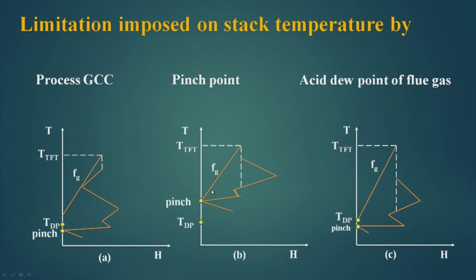Here we saw that the pinch is controlling the stack temperature, and here we saw that the acid dew point of the flue gas is controlling the stack temperature. So, these three situations may arise when we are integrating the furnace with a GCC.